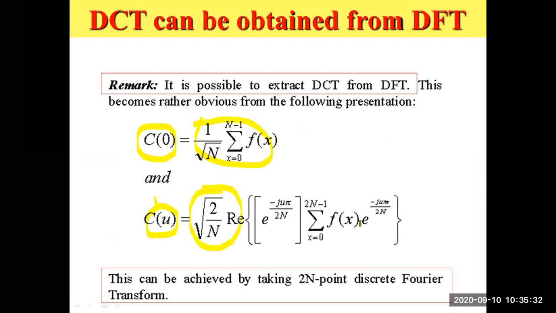But here, what is this value? It is like your DFT value. So by knowing the DFT value, and multiplying it with e power minus j u pi by 2n, you will get the discrete cosine transform from this formula.